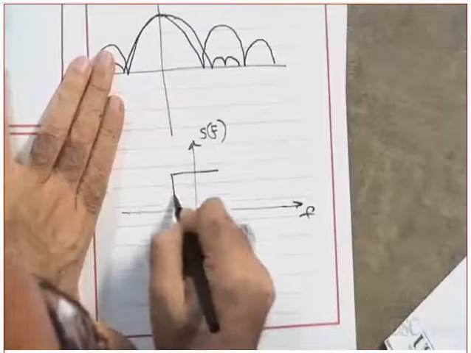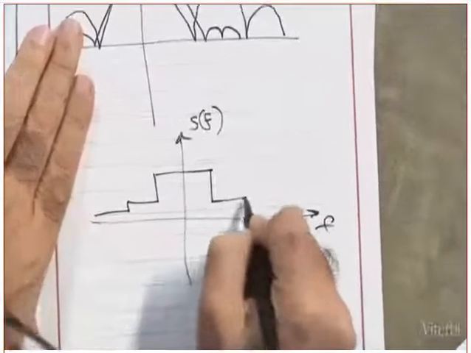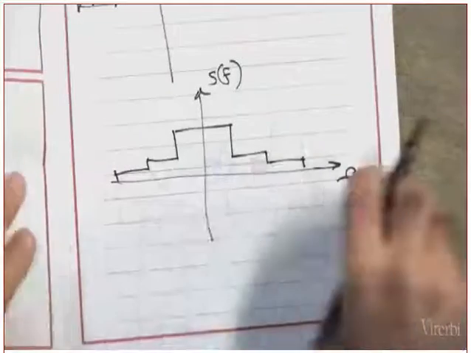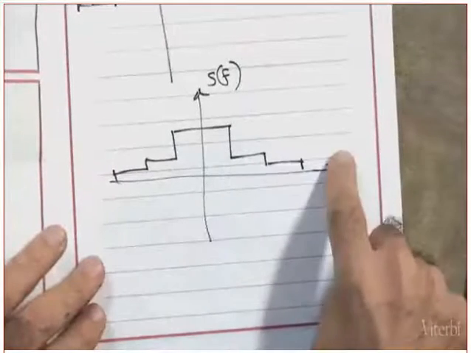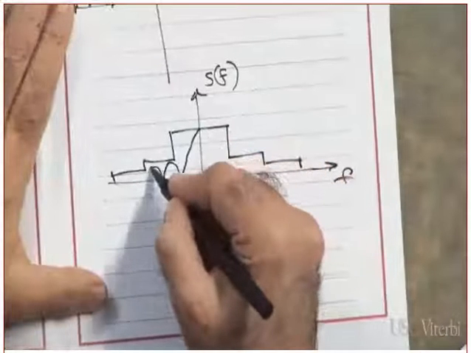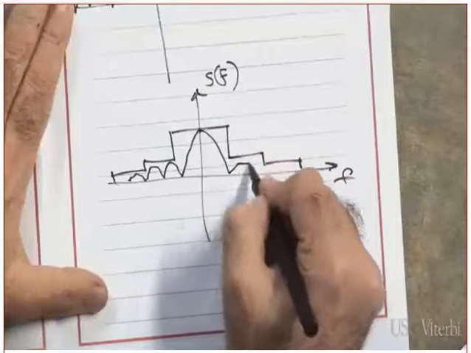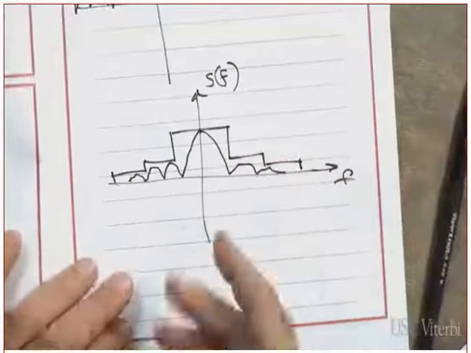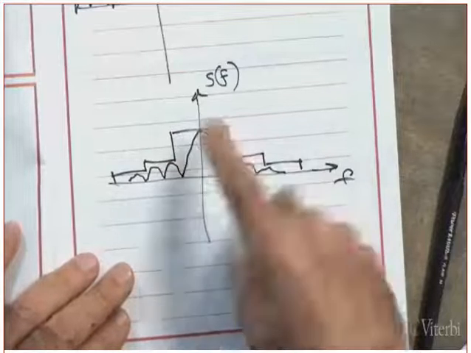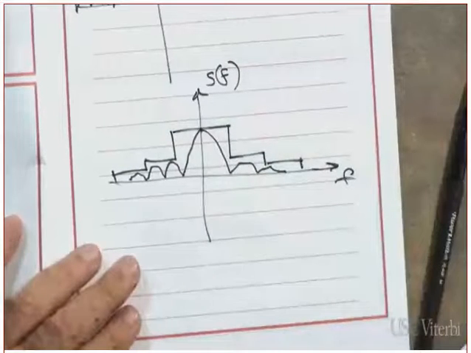It tells you your emission needs to be bounded within this. In other words, your spectral density needs to be like this. Let me ask you a question. Is this satisfying the requirement of the FCC? Yes, it does. But if this one goes up over this, it's not satisfying the requirement.